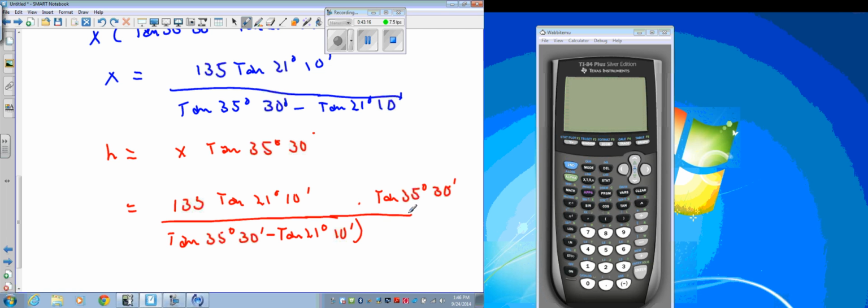Remember, this is bracketed. Put that in your calculator. Don't do intermediate steps. Then you'll get the most accurate answer you can for h.